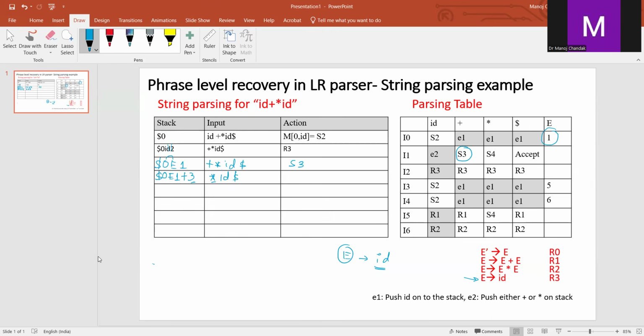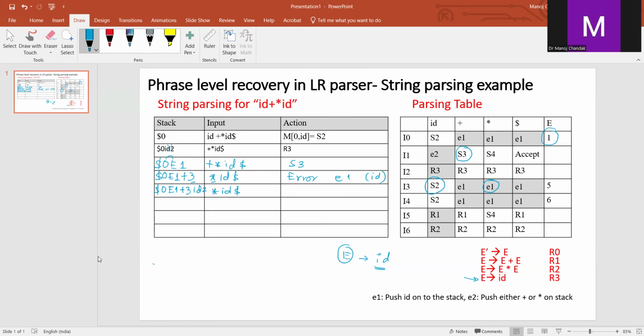So 3 on star is E1. And what is E1? Here we are using the error routine, and it will push the imaginary ID in the stack, and it will cover that ID with state 2. So the stack content will be dollar 0 E 1 plus 3 as it is, followed by ID and 2, and still star ID dollar remains.